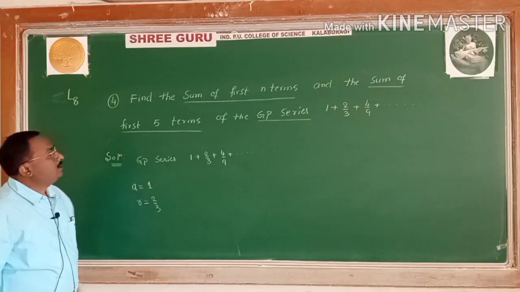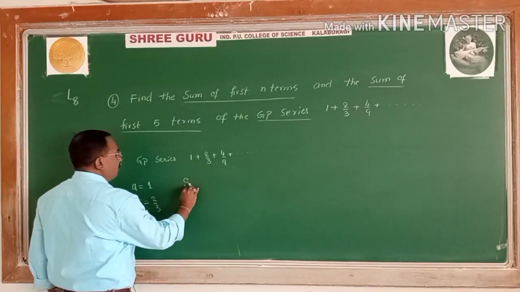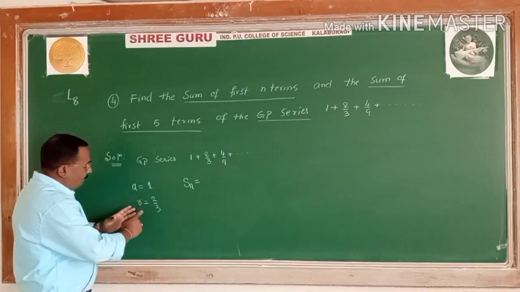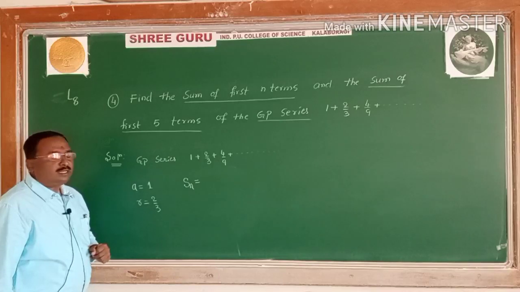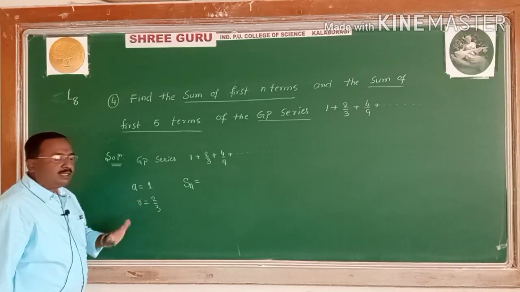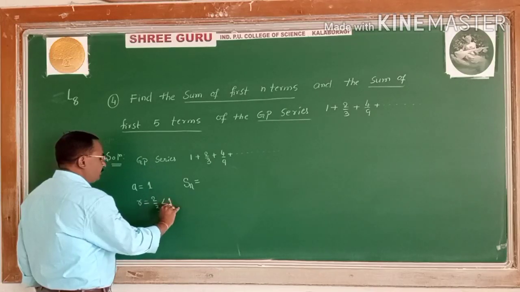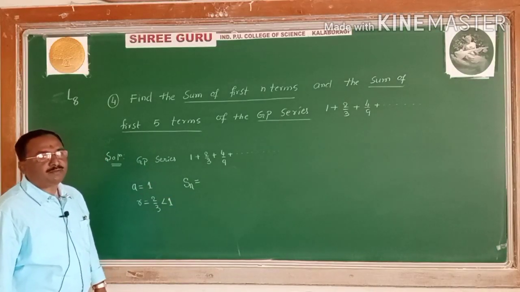To find the sum of first n terms, Sn: here R is 2 by 3, which is definitely less than 1.